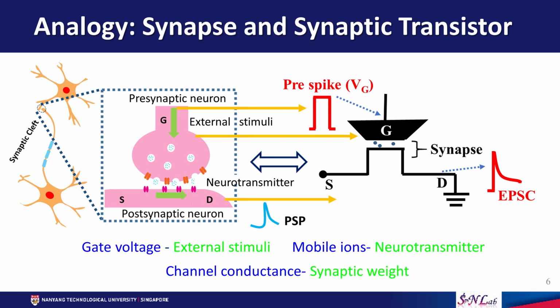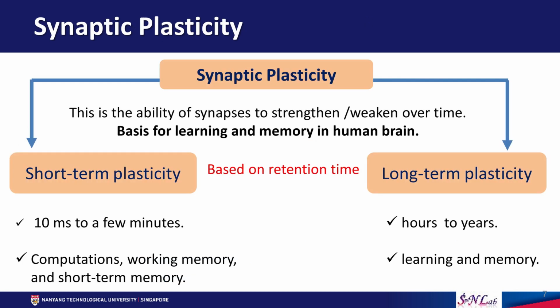I will tell a bit more about the synapse. The synapse has a fascinating property called synaptic plasticity. That means it has the ability to change its strength depending on the activity level. For example, if you are working hard or the activity level is higher, the synaptic strength gets strengthened.